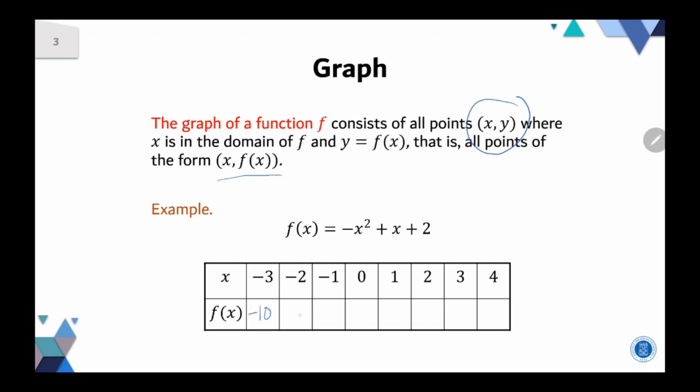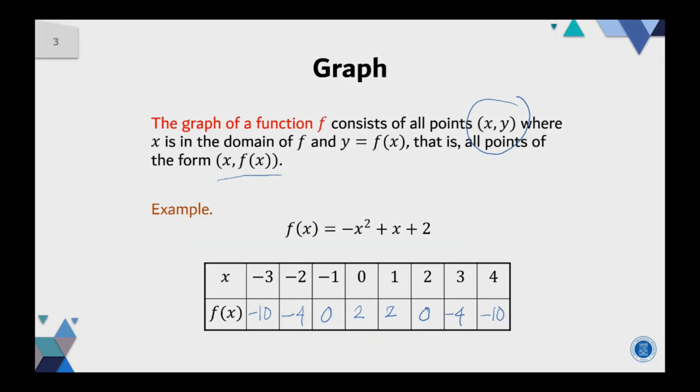If it is -2, we put it into the function, it will be -4. This one will be 0. This one will be 2. This one will be another 2. Is it correct? Yeah, correct. This one will be 0. This one will be -4. And this one will be -10.